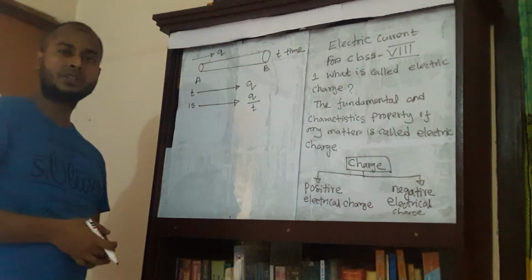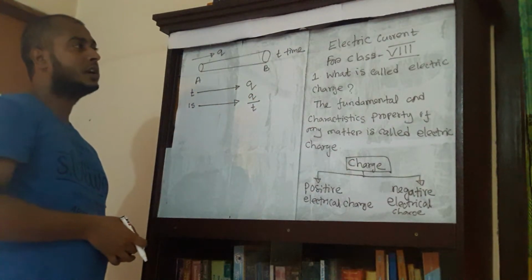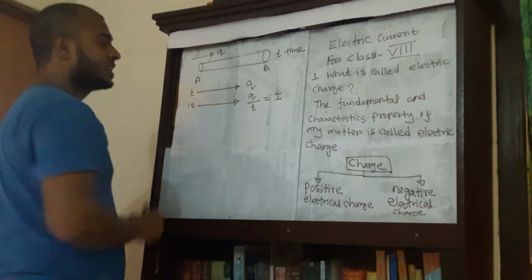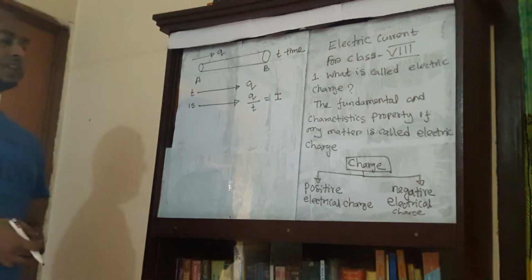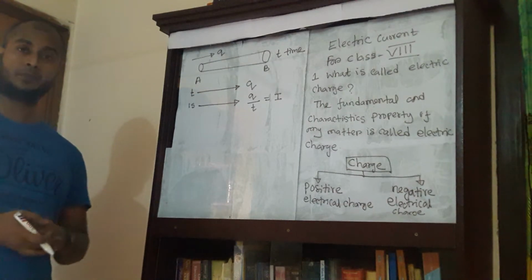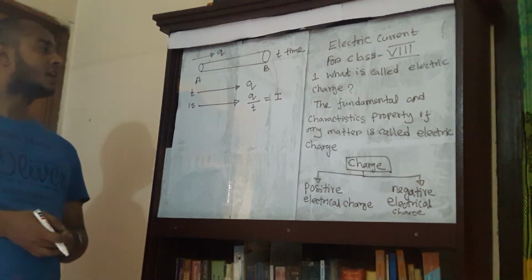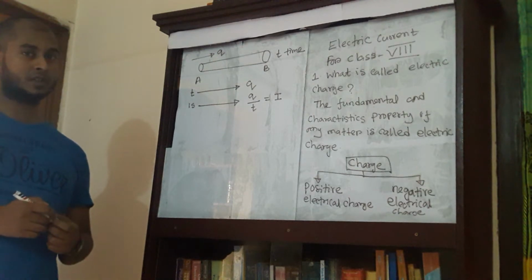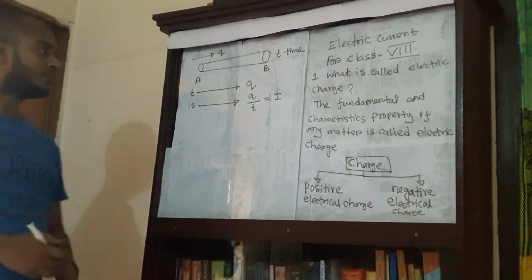And this term is called current electricity or electric current, and that is denoted by I. Now I am going to give the definition of electric current. What is called electric current?